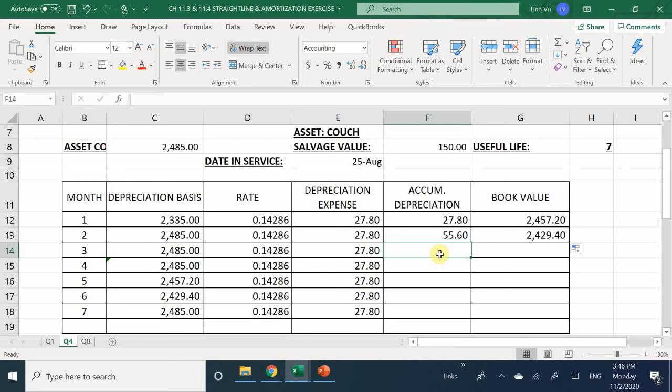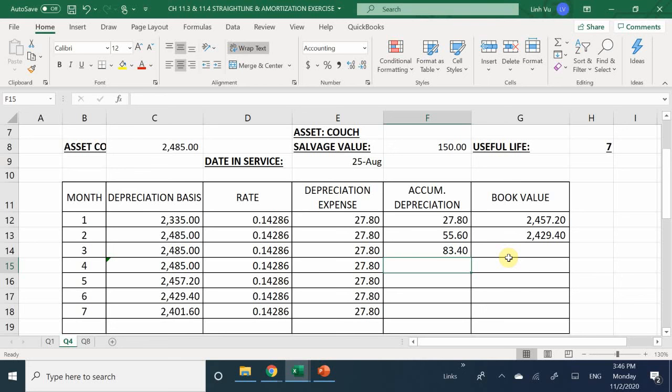We know that the previous is $55.60. So what is my current accumulated depreciation? Previous accumulated depreciation plus current year. 2780 plus the 5560, 8340. Good.